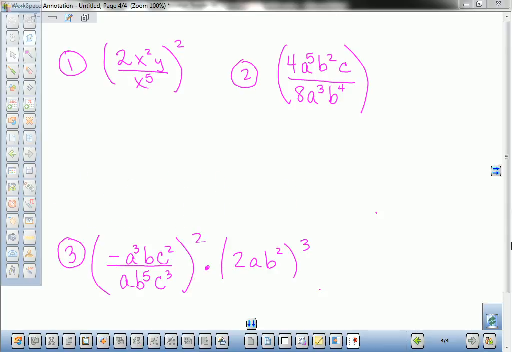The first two were sort of straightforward. The last one was pretty tricky. So let's go ahead and take a look at these.